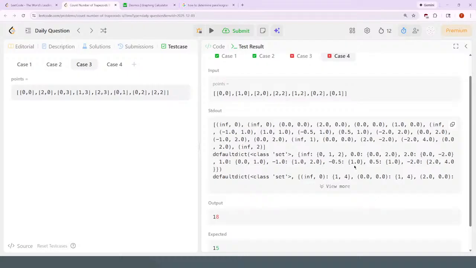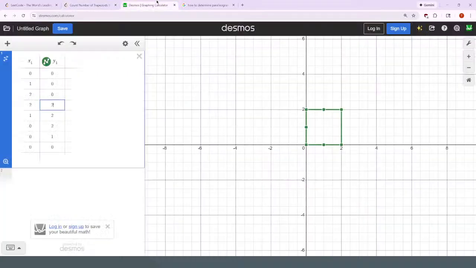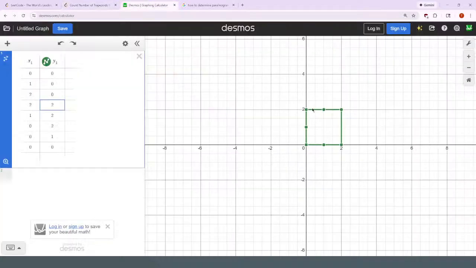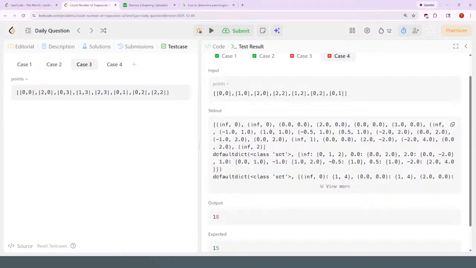Slope negative 1/2, you can have 1 as the y-intercept, just 1. So I think that's correct. Slope positive 1/2 is just 1, that's fine. Slope negative 2, y-intercept is 2 or 4. I think I recognize that. It's these two. Okay, those are the only things that you can form.